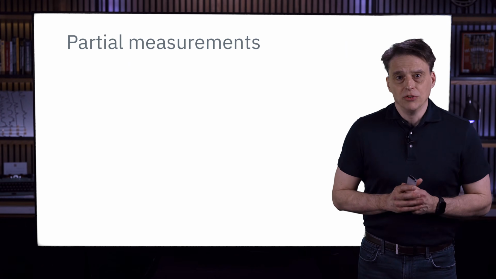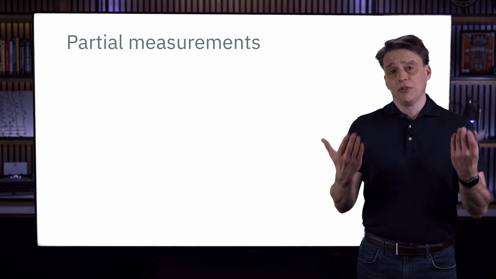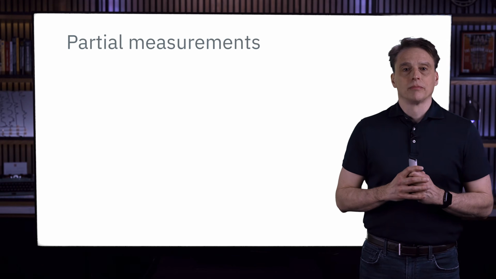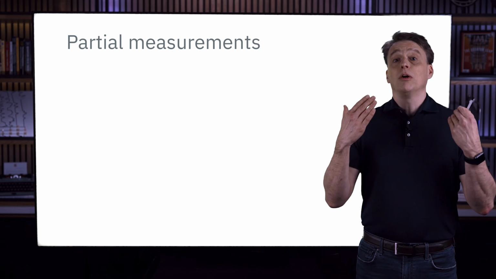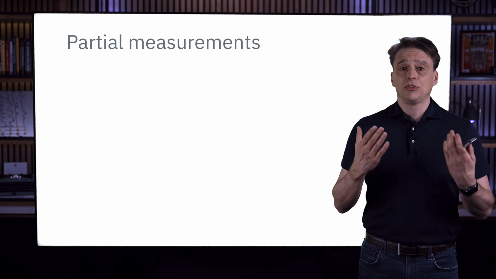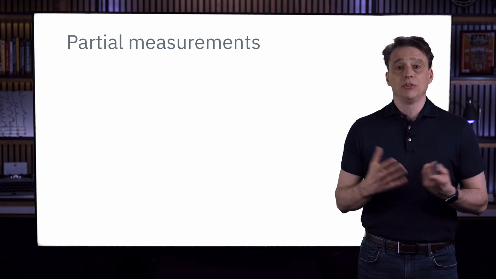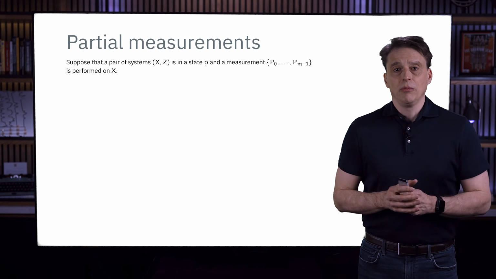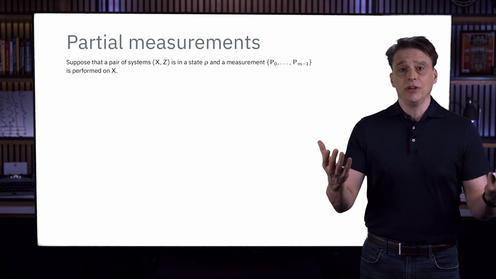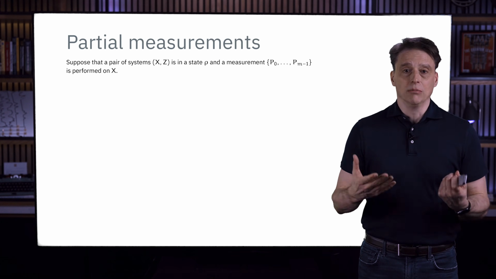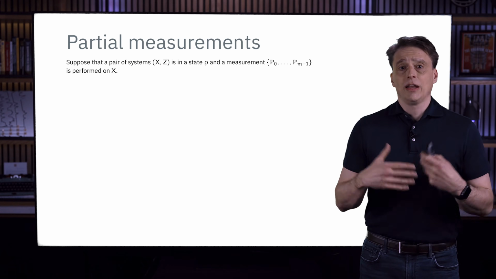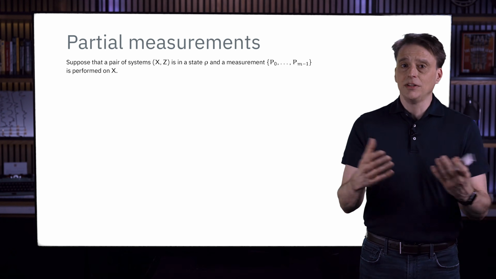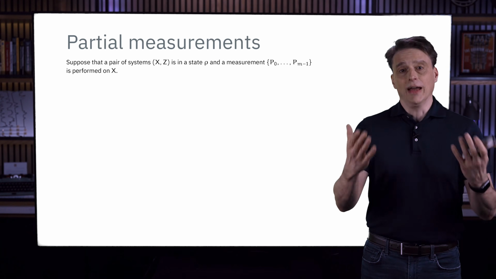We've discussed what happens when a general measurement is performed on a system in a given state, at least for the case of destructive measurements. Next, we'll talk about partial measurements, meaning that just one part of a compound system is measured. To be precise, let's suppose that we have a pair of systems, X and Z, that together are in a state described by a density matrix rho, and a measurement described by a collection of positive semi-definite matrices that sum to the identity is performed on the system X alone.